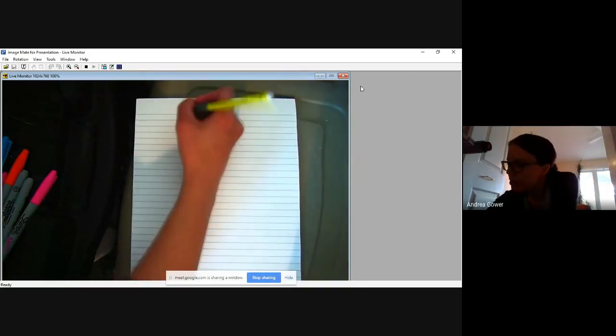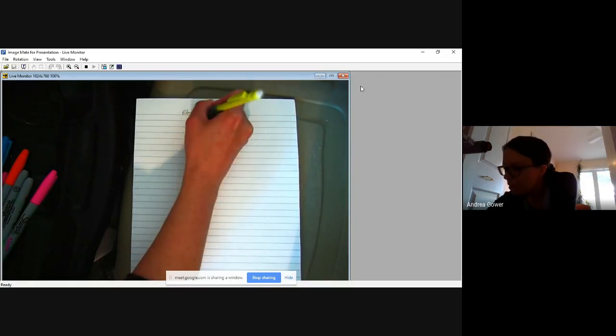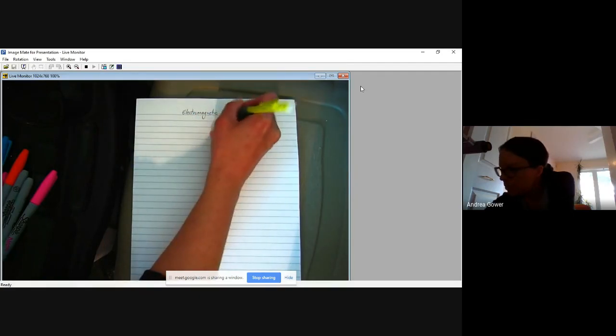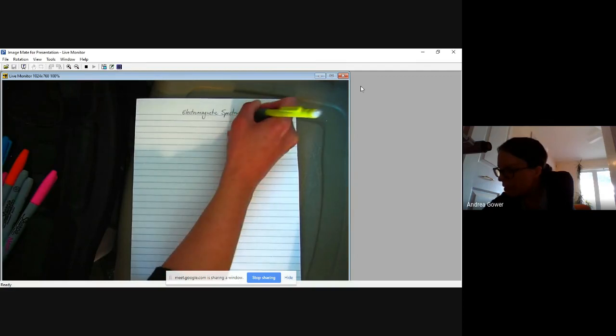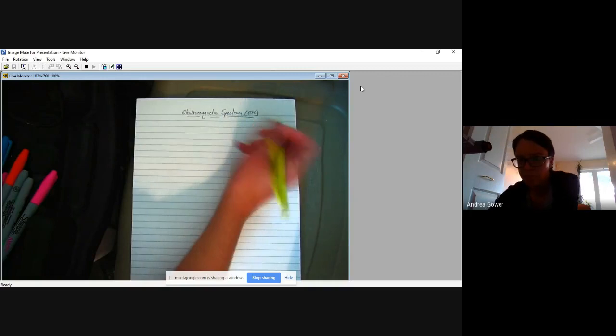So I'm going to call this note electromagnetic spectrum. Capital E, capital M for short form.